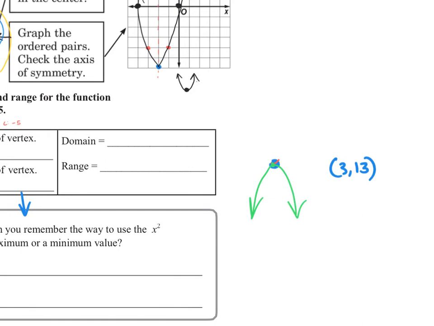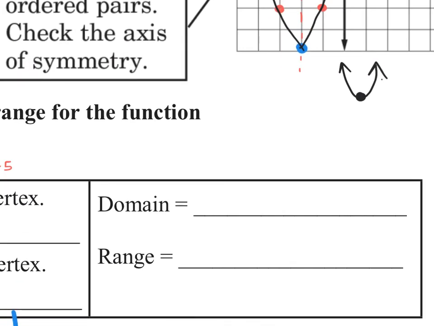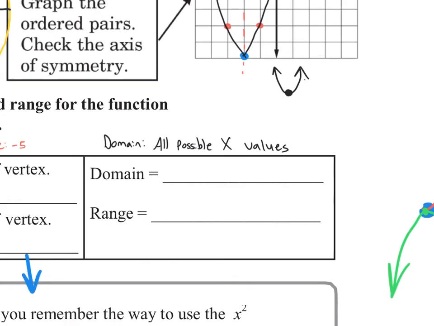So here's what domain and range are. A quick review. Domain is all possible x values that you could expect to see on a graph or a table. So this one's very easy. Easy points all chapter long.